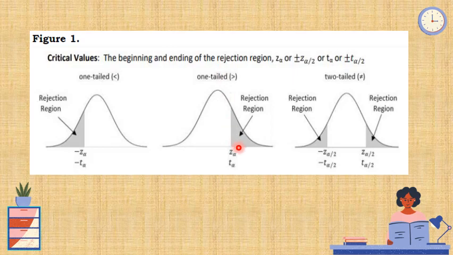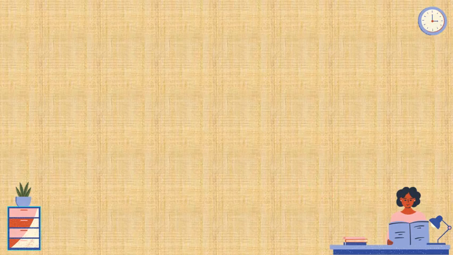Ito naman ay one-tailed din, pero right-tailed siya. Shaded part, rejection region. This line is the critical value. Sa positive side, ito sa negative side. Ito naman ay two-tailed. So, both tails, meron tayong rejection region. So, meron din tayong dalawang critical values.